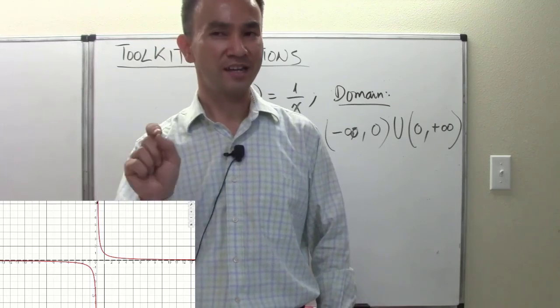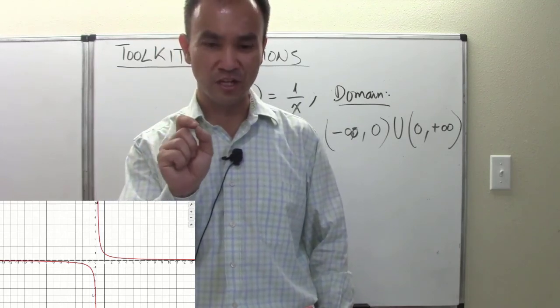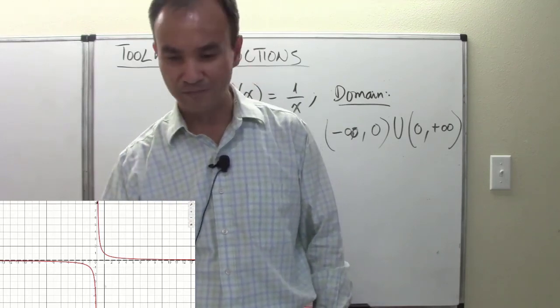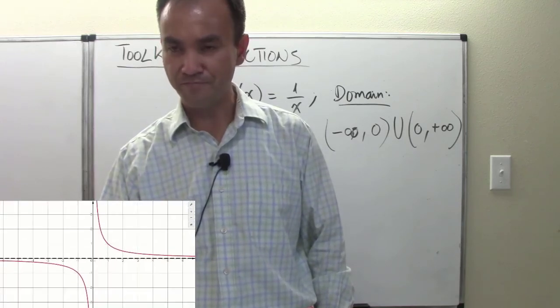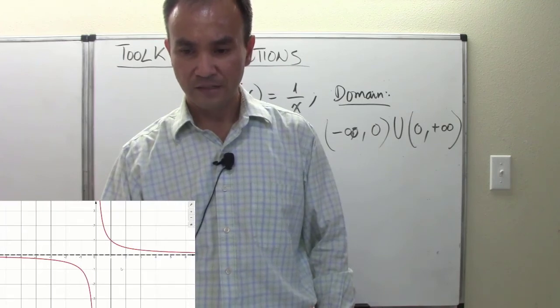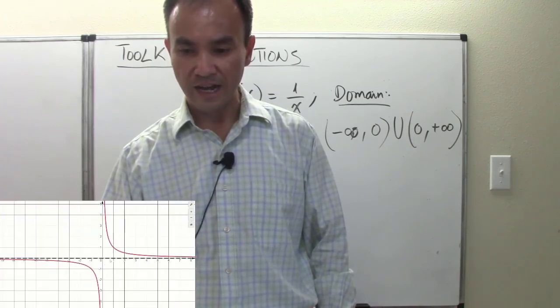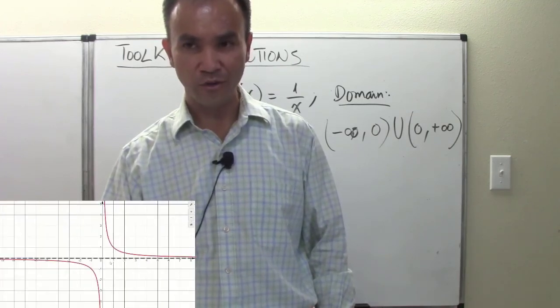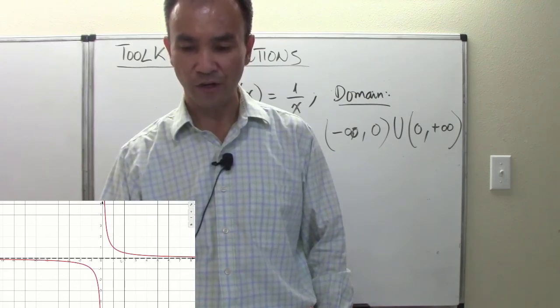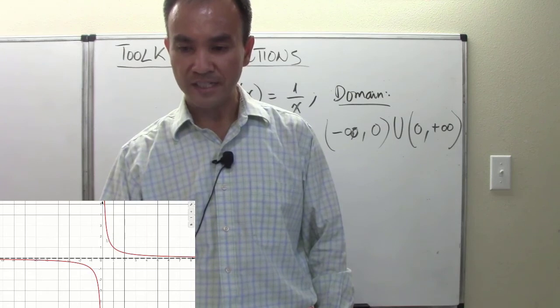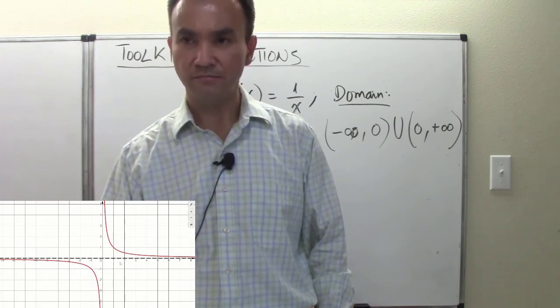Right here where I originally placed the horizontal line, it already shows something. See, this horizontal line y equals 0, or the x-axis itself. At that value y equals 0, do we have a value for x that makes the output equal 0?